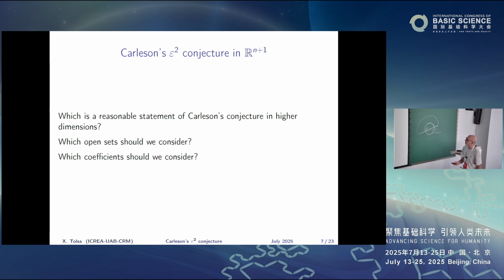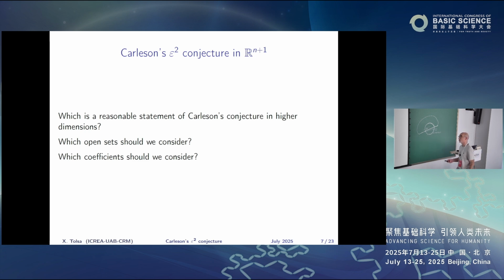And then an interesting question that arises is the one about obtaining a version of Carleson's conjecture in higher dimensions. The version of Carleson's conjecture that I stated was for Jordan curves. So, of course, in higher dimensions, it is not clear what could be the replacement of a Jordan curve.